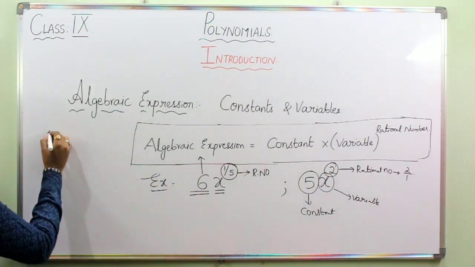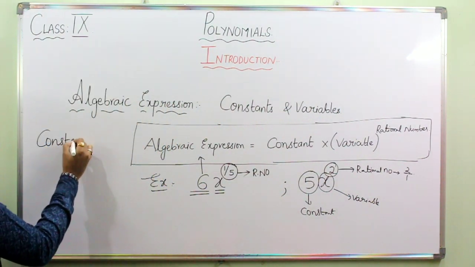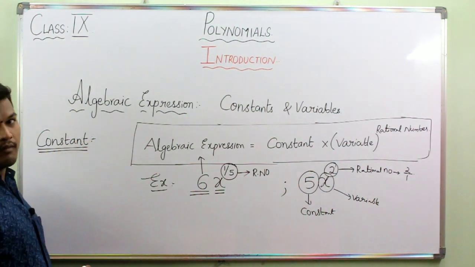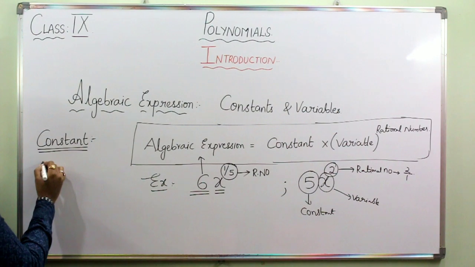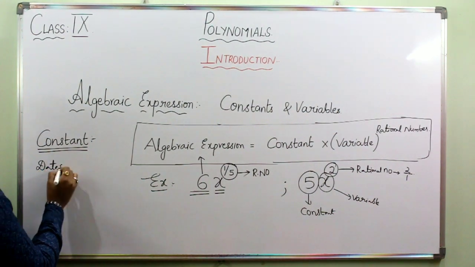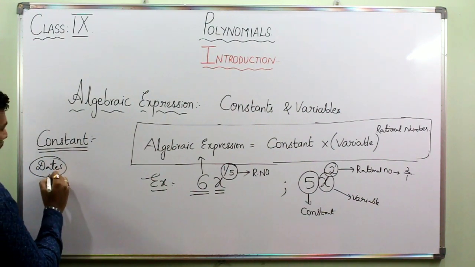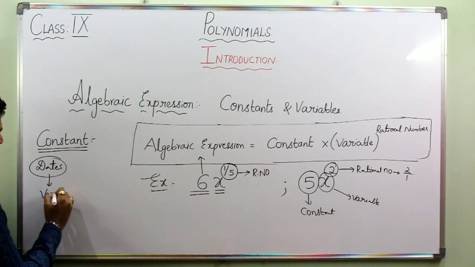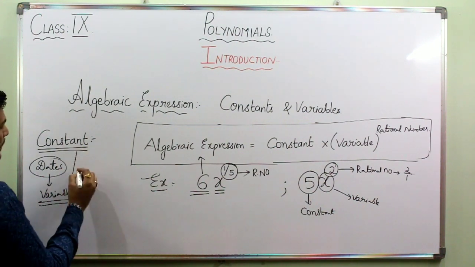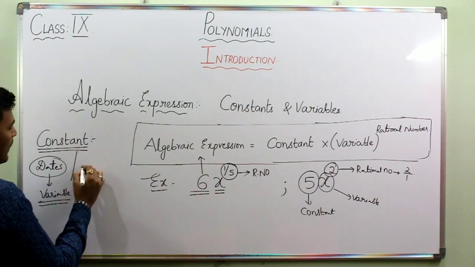Now what is this constant? A constant is a fixed value. For example, if I take a date, the date will keep on changing, so it is a variable, whereas the month will remain constant.